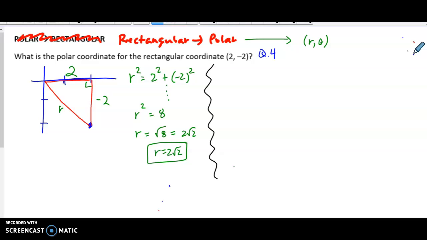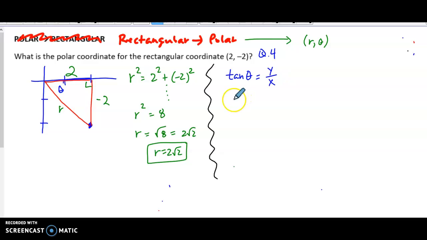So remember, we're trying to figure out this angle. And so we're going to use the inverse here. Now you could do sine or cosine, but I think the easiest to use is actually tangent. We'll see why in a second. Tangent is y over x, right?